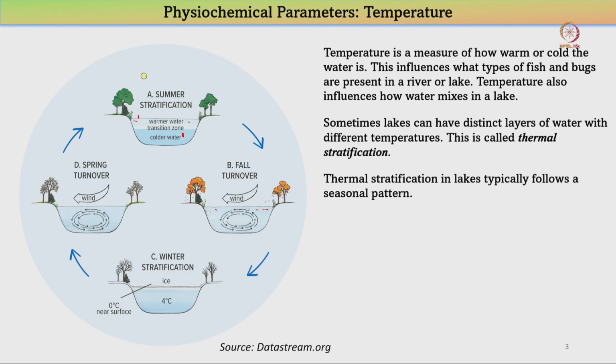Due to it becoming cooler, it will start sinking and mixing with the bottom layers, and there will be an autumn mix. Then comes even cooler temperatures, and ice can form on the surface. The topmost layer will get frozen, and after that there will be no more heat exchange; the water below will remain at 4 degrees Celsius.